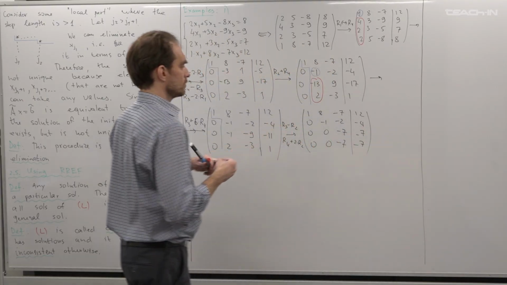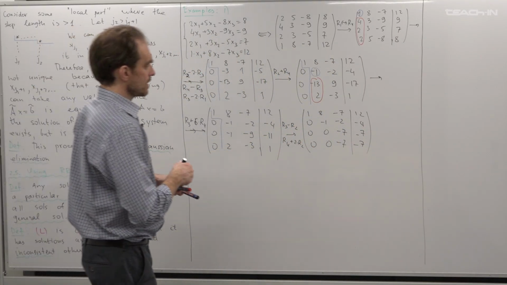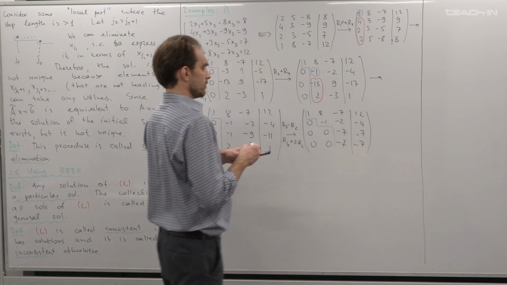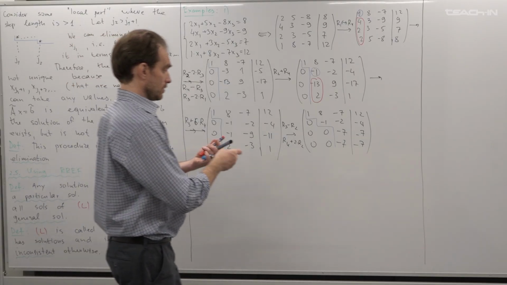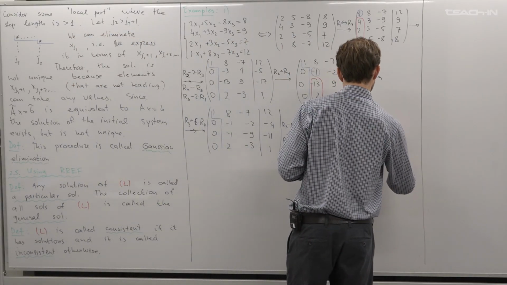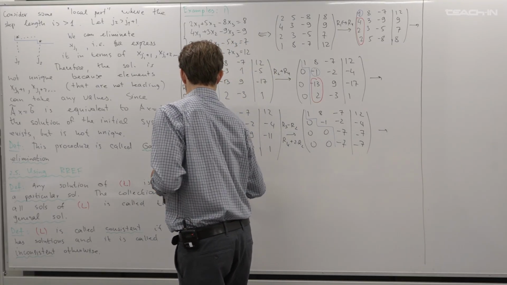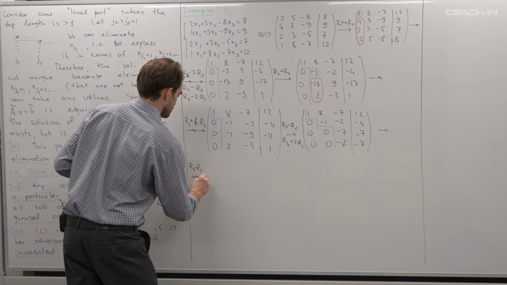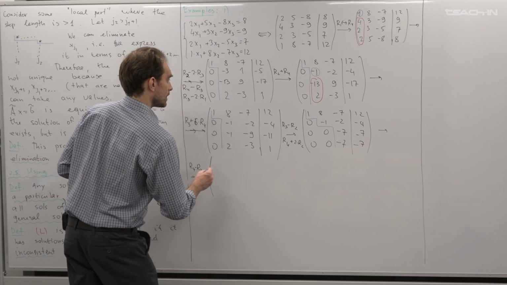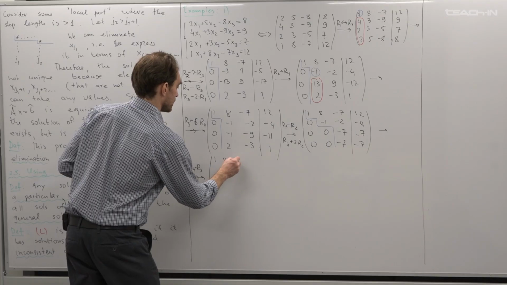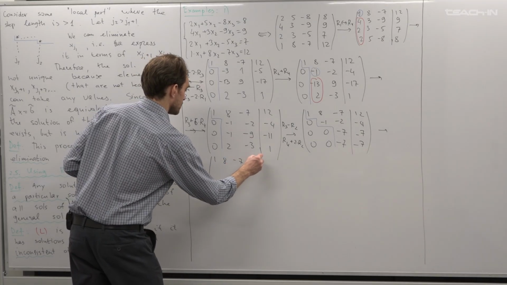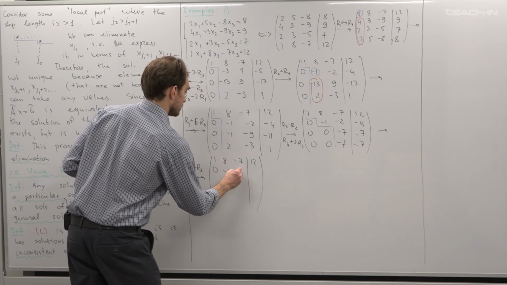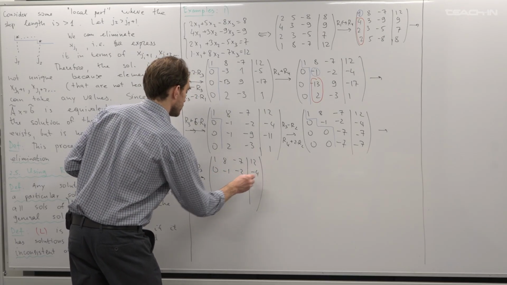So here we have two rows that are the same. We can consider their difference, and we will get a row of zeros here. So row 4 minus row 3. So 1, 8, minus 7, 12. And then 0, minus 1, minus 2, minus 4.